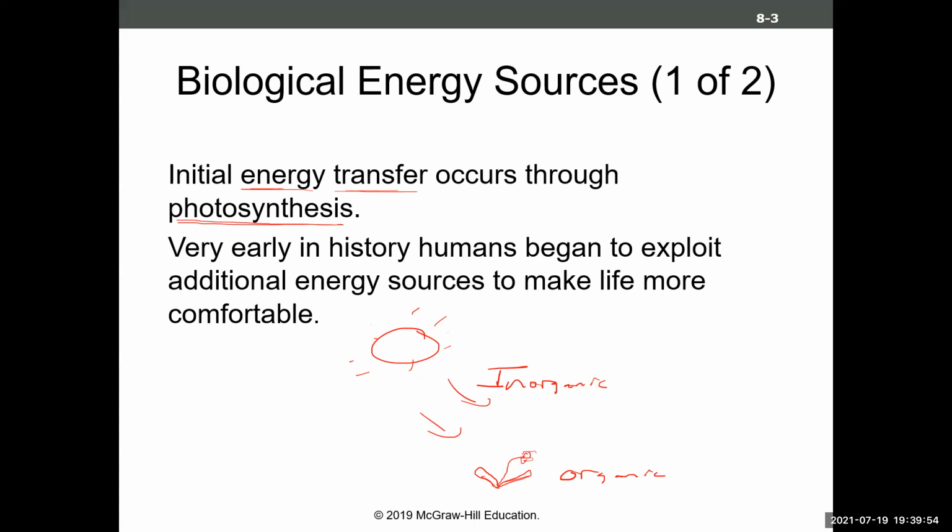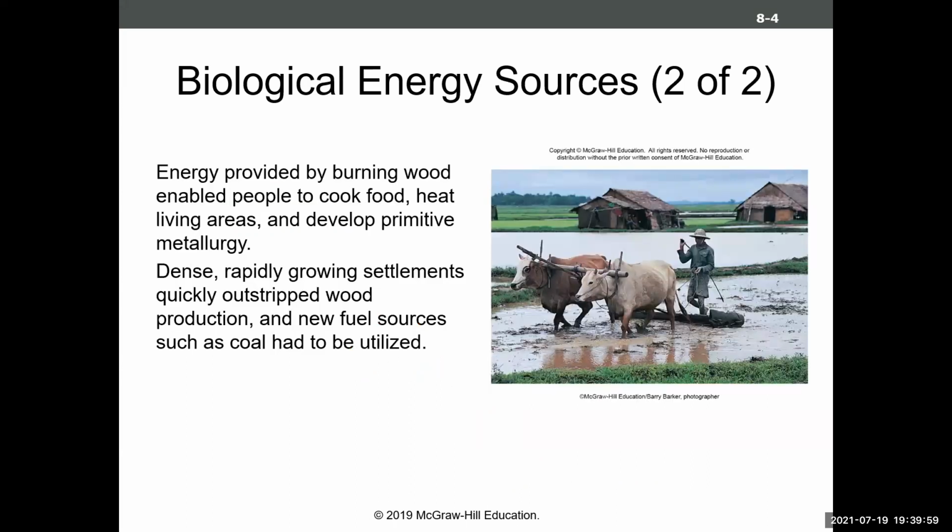And so early on, right, in human history, we discover fire and determine that burning wood allows us to provide a heat energy to where we can all of a sudden prepare food differently. We can warm up our living areas, and then over time figured out how to use that heat energy to develop metallurgy and to blacksmith, to make all kinds of different tools. And so that really kind of changed the way people lived.